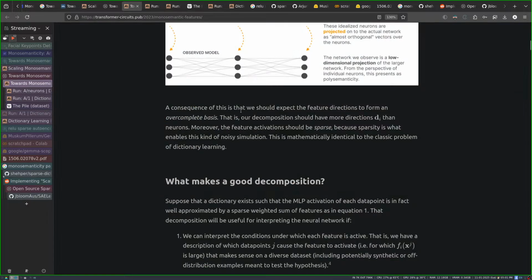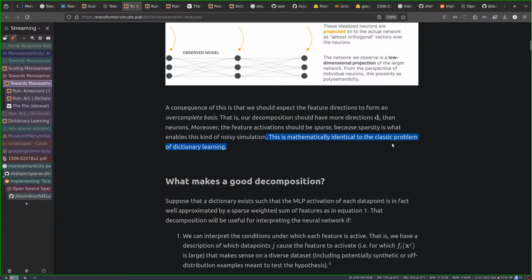That is, our decomposition should have more directions than neurons. Or rather, the feature activations should be sparse, because sparsity is what enables the kind of noisy simulation.